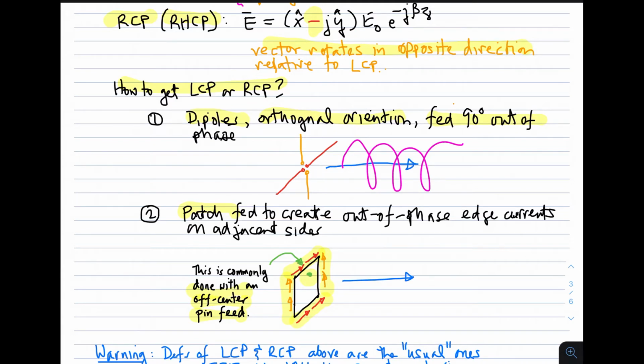And once again, you will end up with a circular polarization for exactly the same reason that you saw it in this case. And once again, this is not the only way to generate circular polarization with a patch. There are other ways. And furthermore, there are other types of antennas that create circular polarization, such as helix antennas.